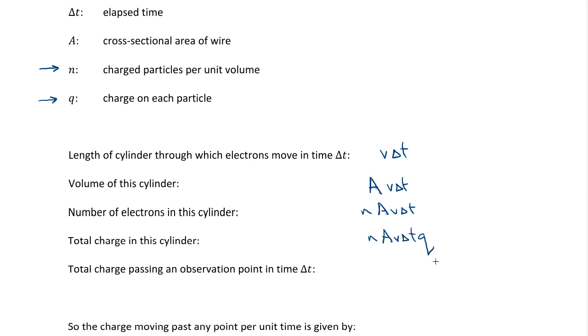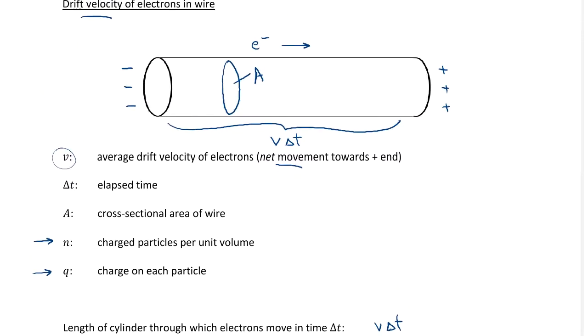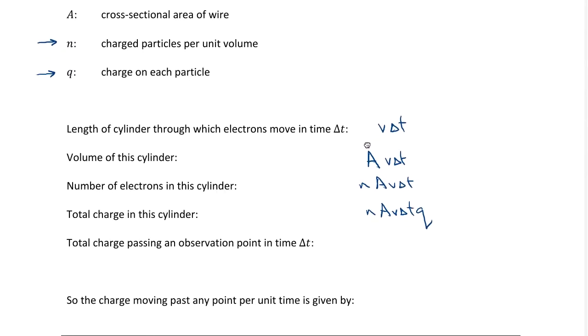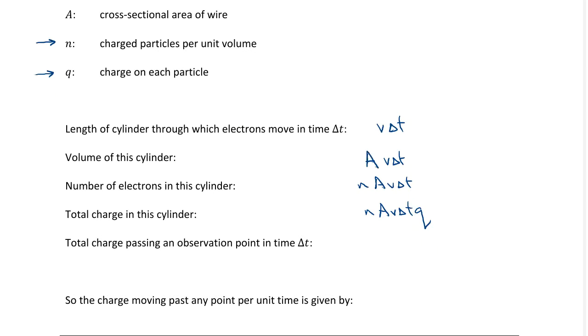And if we wanted to find the total charge passing an observation point in a time delta t, so let's say we were watching here and we wanted to find out how much charge is passing us per unit time delta t, well, we've got the total charge in the cylinder, and we've said that whole cylinder is passing us in a time delta t, so we just divide n A v delta t q by delta t, and the delta t's cancel. So the charge moving past any point per unit time is equal to n times A times v times q, with these variables all defined as above.